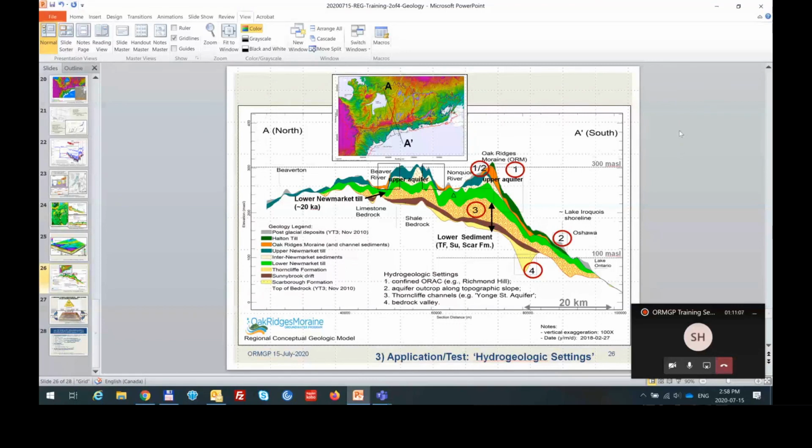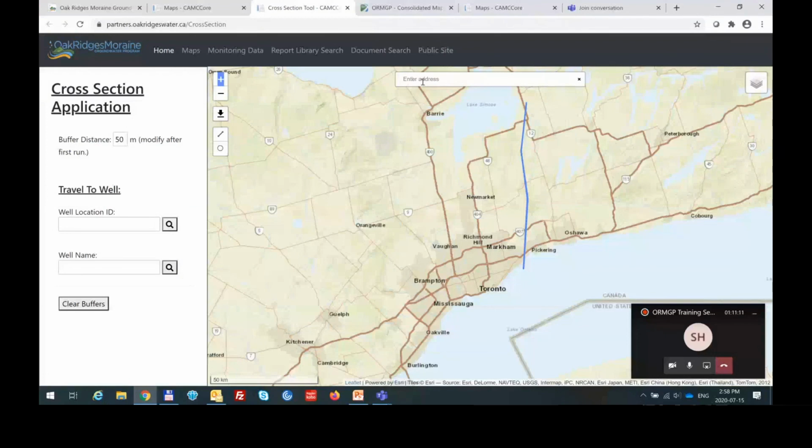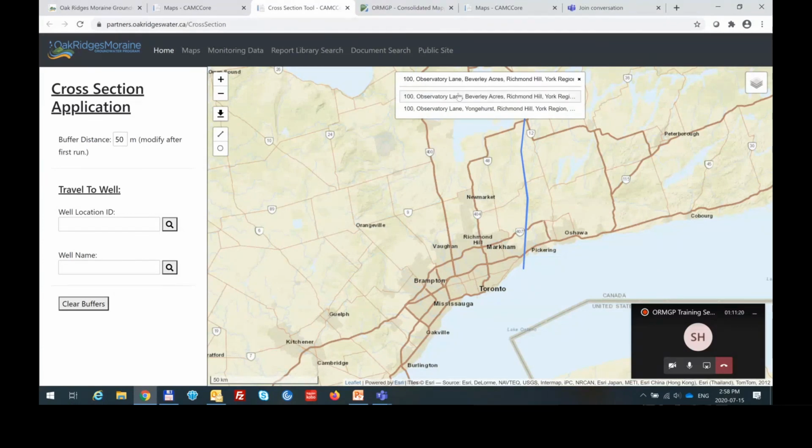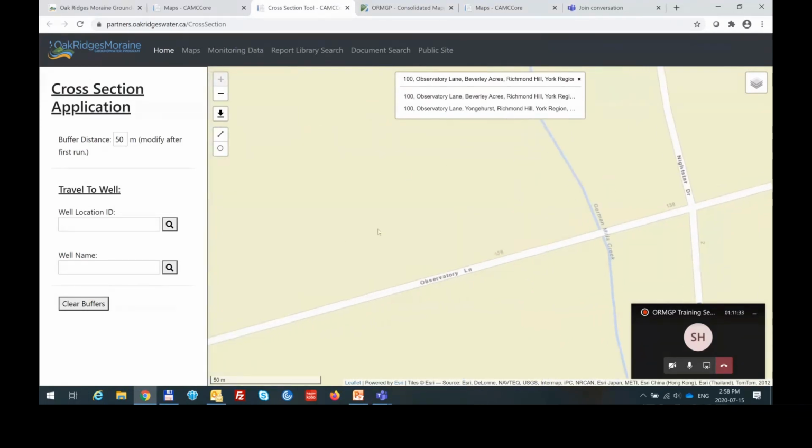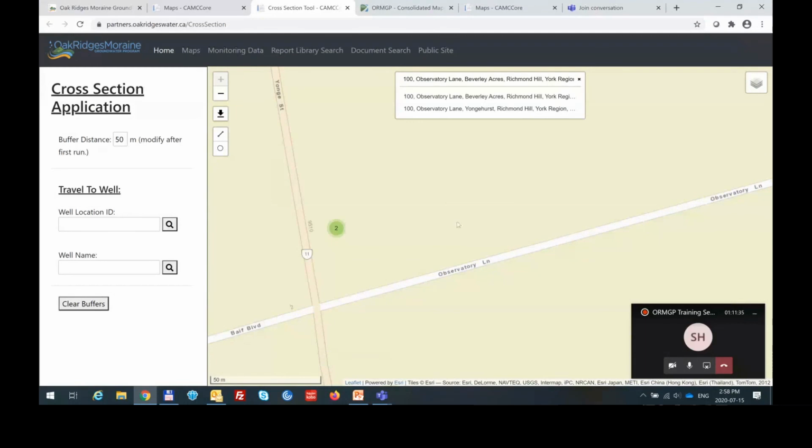I think if you zoom in on the map, I don't think there is any real restriction. You can also go to an area. Let me try. I'm in Richmond Hill, Observatory Lane. I'm picking this because my father lives there. Let me move over to Yonge Street.